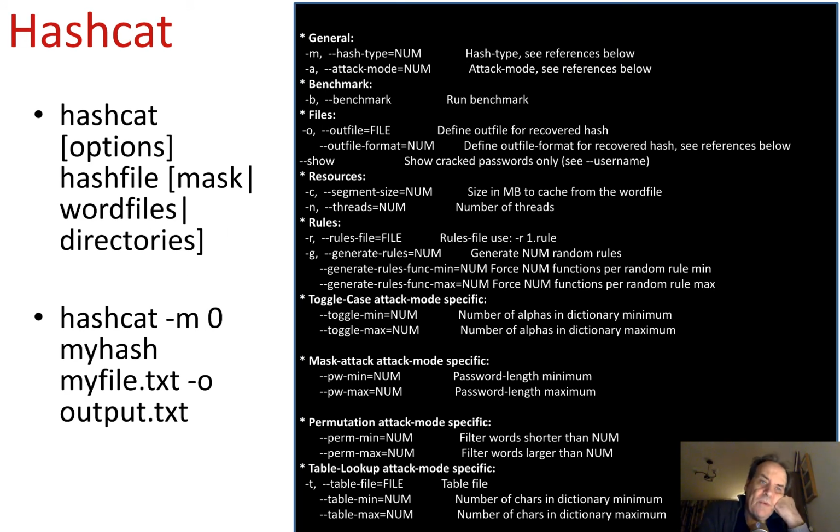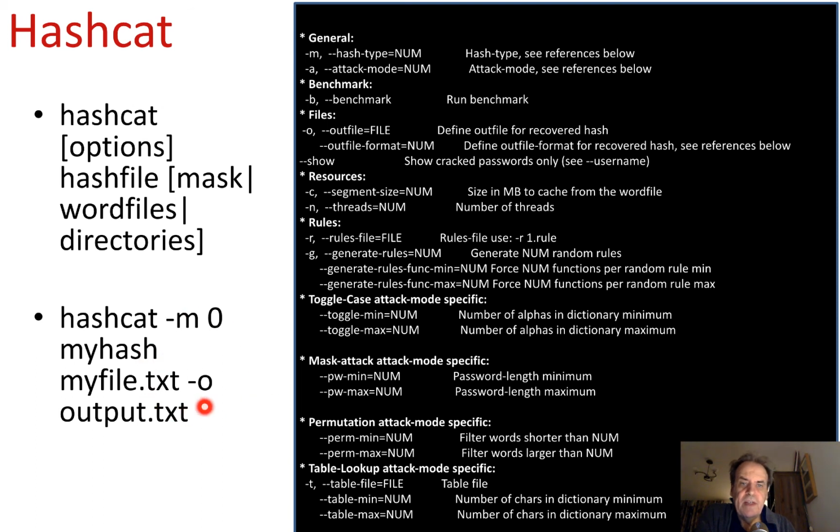So here are the main options for Hashcat. The -m will give us the hashing type. Okay, so this value here defines the hashing type. We then define the hash file that we're going to use, and then after that either a mask, word files, or directories.